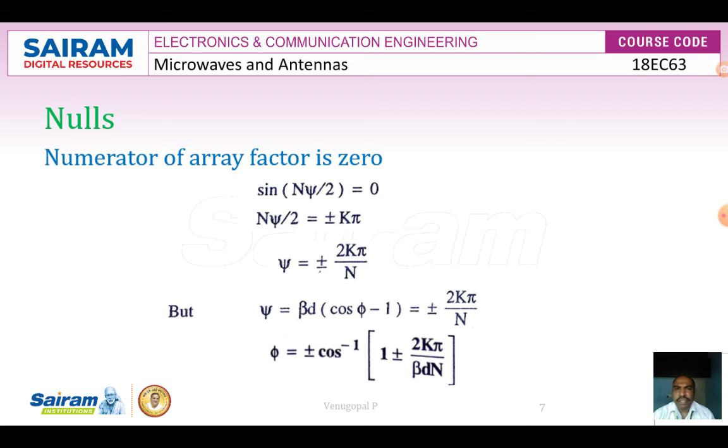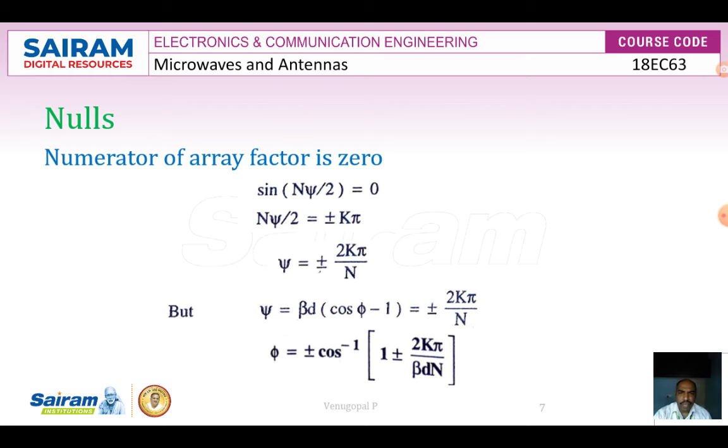From the above expression, we simplified the xi value as plus or minus 2k pi by n, but the phase difference xi is equal to beta d into (cos phi minus 1). Equate this to 2k pi by n. So you will get cos phi minus 1 is equal to 2k pi divided by n into beta d, or cos phi is equal to 1 plus or minus 2k pi divided by beta d into n.